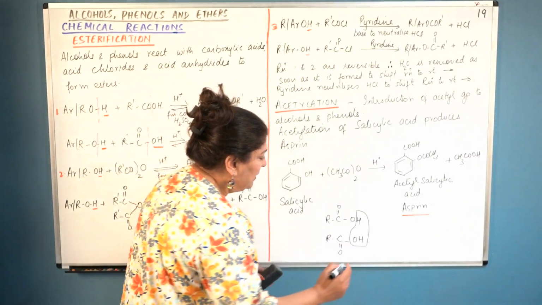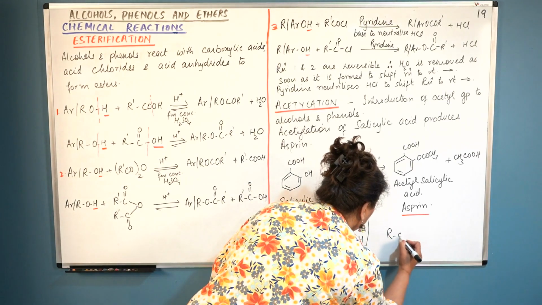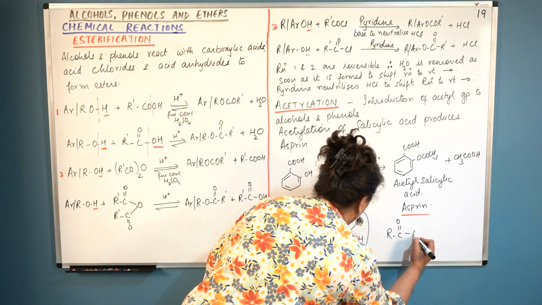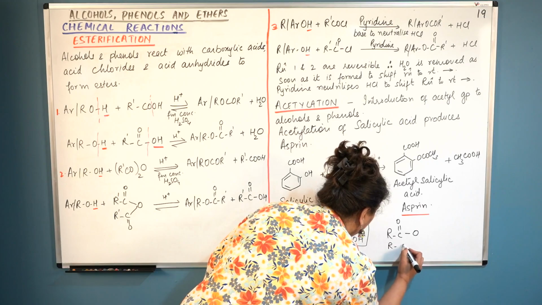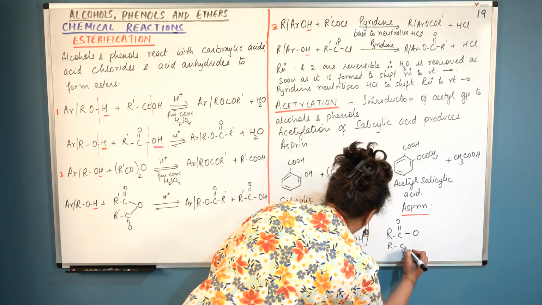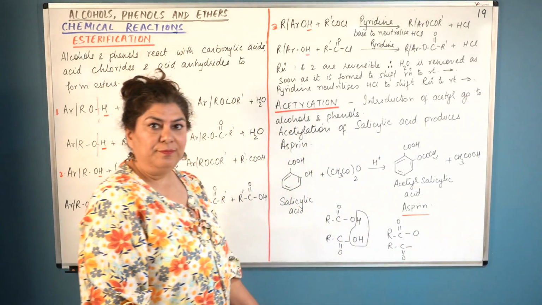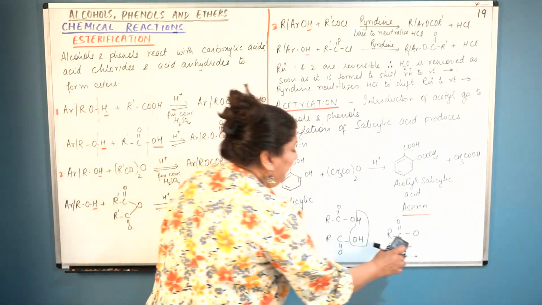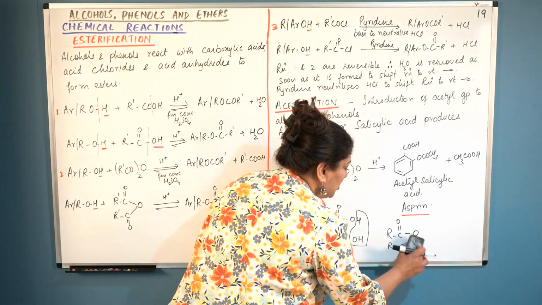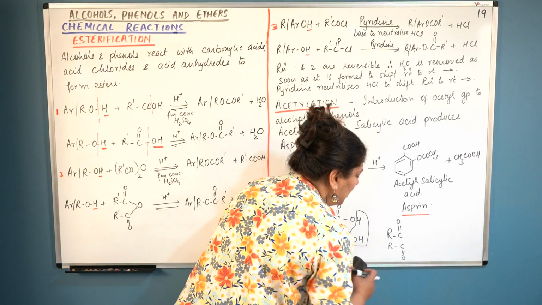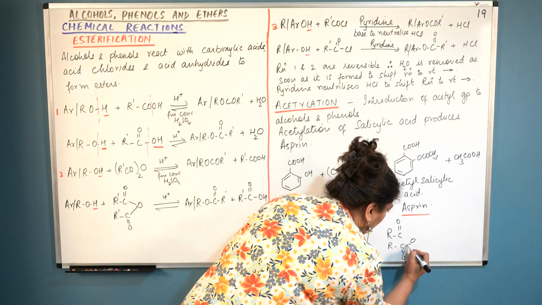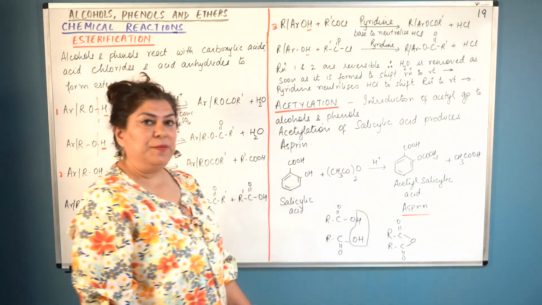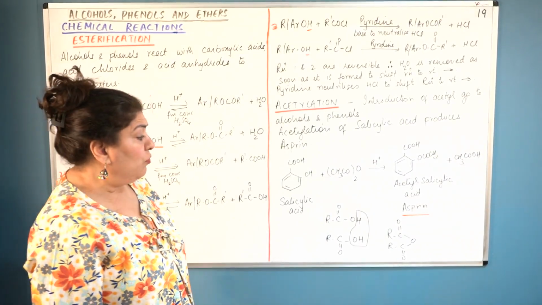Now what are we left with? RCOO and RCO only, right? If we join these two with this oxygen, let us put this oxygen in the center and let both the carbons join this oxygen.